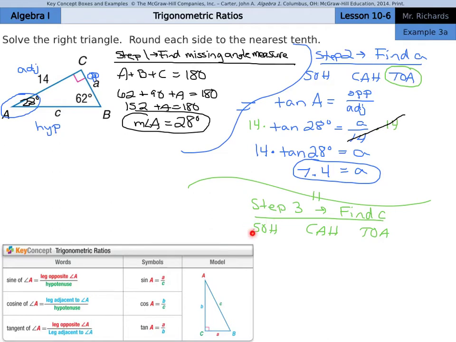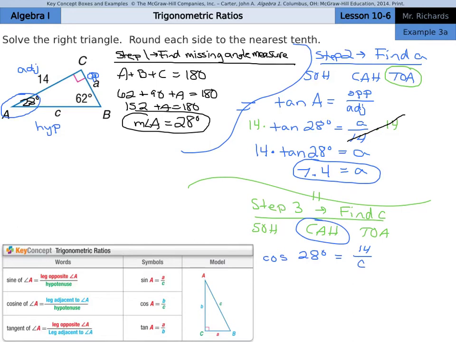Well, which of these relationships deals with adjacent and hypotenuse? That's going to be cosine. Cosine deals with adjacent and hypotenuse. So then the cosine of angle A, which is 28 degrees, is going to equal the adjacent side, which is 14, over the hypotenuse, which is C.